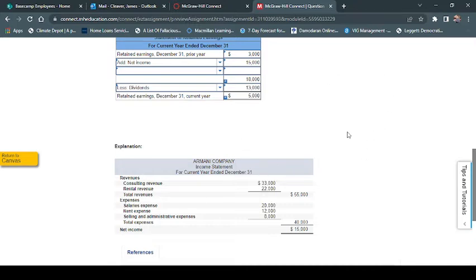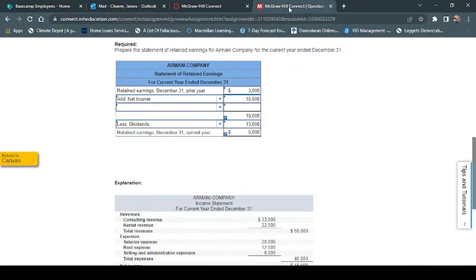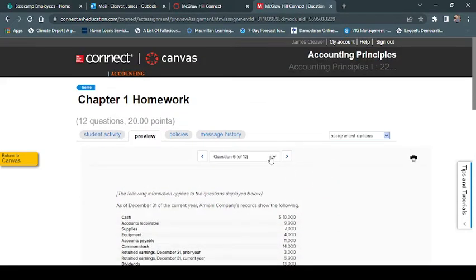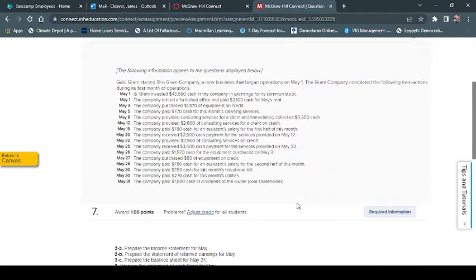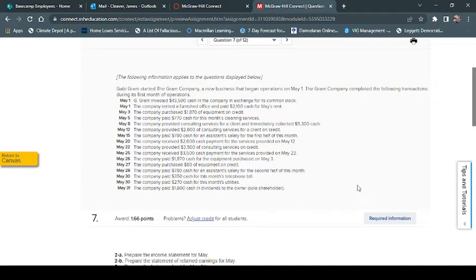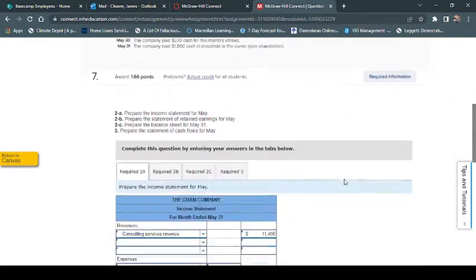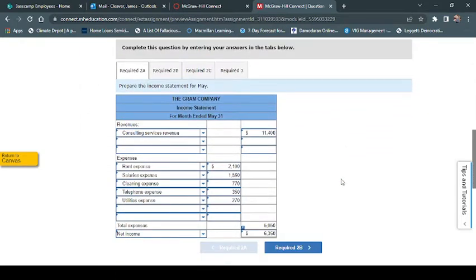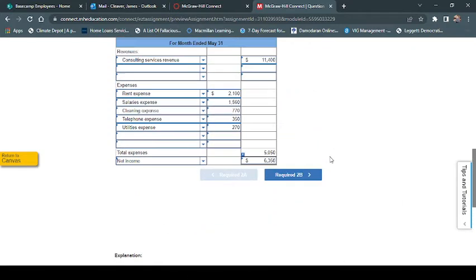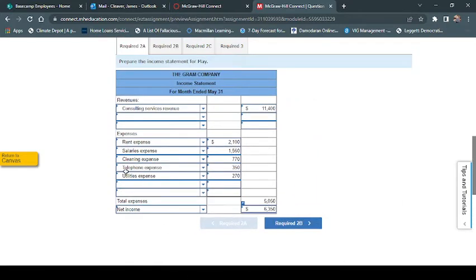Beautiful. And number 7. The Graham Company completed the following transactions. These are one by one transactions. You just do them all like this. Here's an income statement, right? Rent.